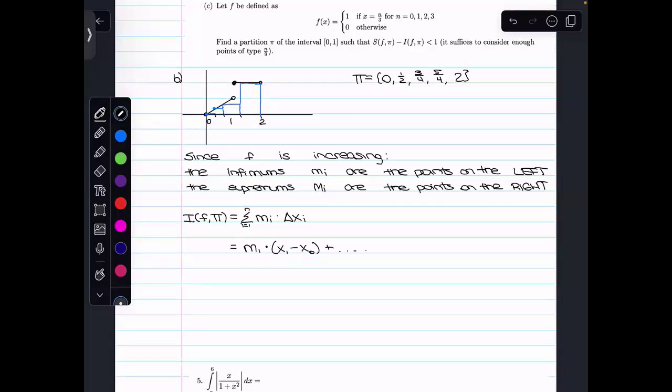And so on. As we said, the infimums, or the mi values, are the points on the left. So that's what you get when you put the first point into the function, so that's going to be f of 0.